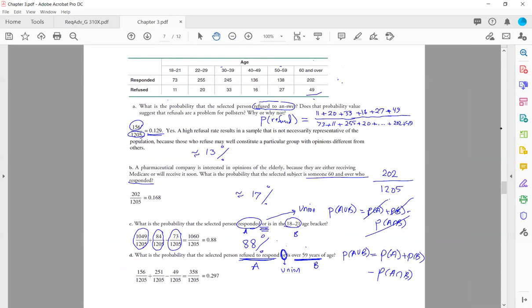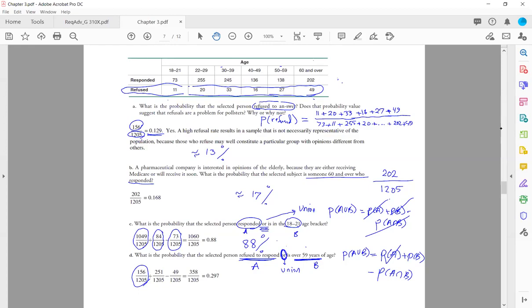We don't care about the age bracket. These are the numbers of people who refused to respond. 11 plus 20, you actually calculated that in part A. 156, the sum of these numbers, divided by the total, 1205, your first fraction.